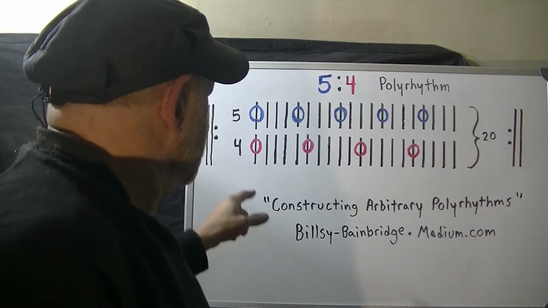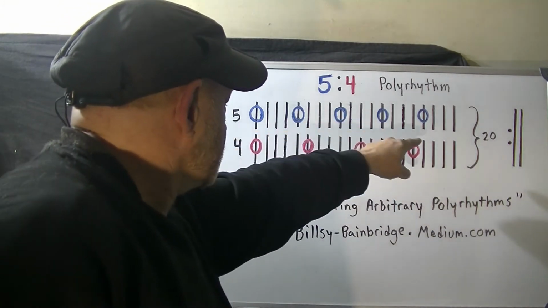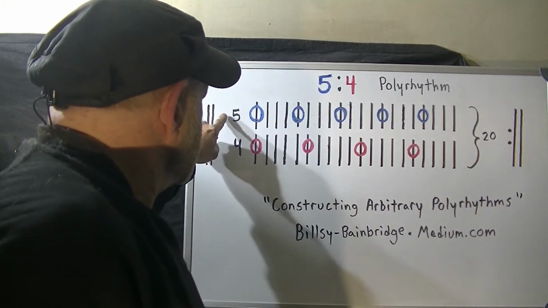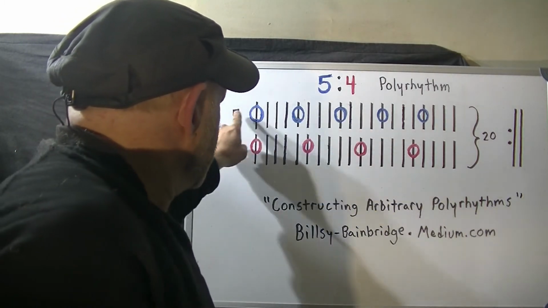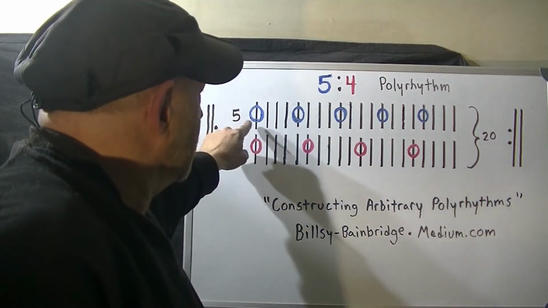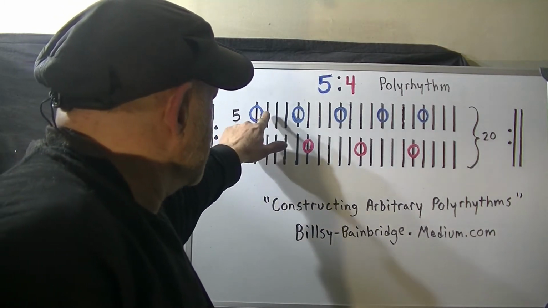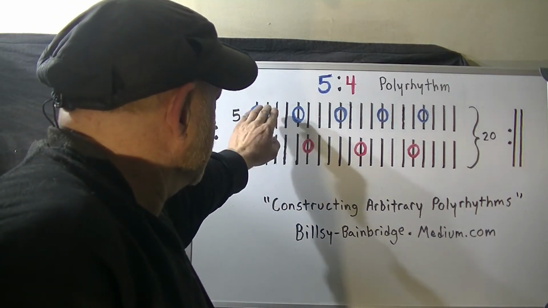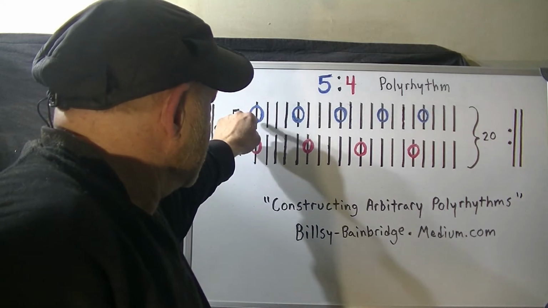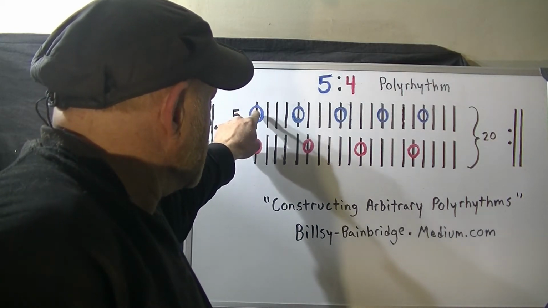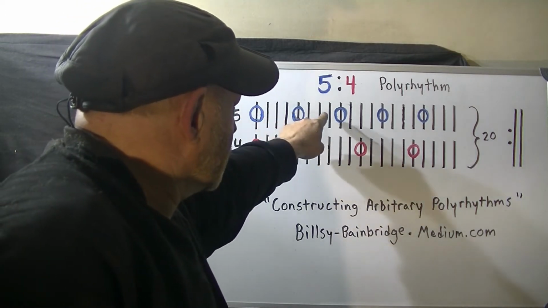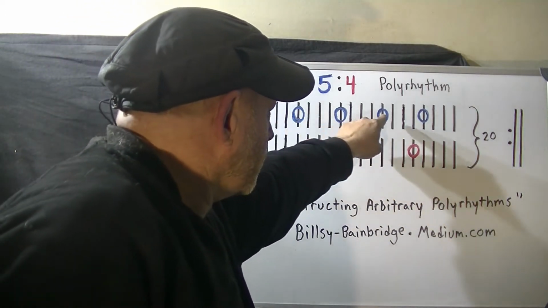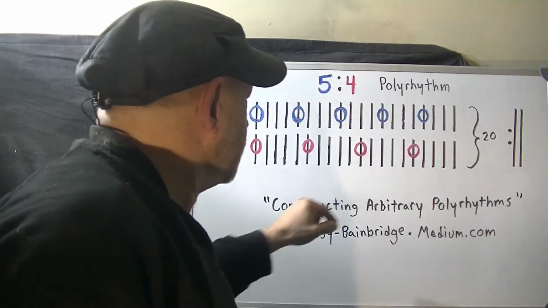Another quick explanation. You'll notice in the 5 row, 20 divided by 5 is 4. So we have 1, 2, 3, 4 full counts under that first O, and then another group of 4, another group of 4, another group of 4, the last group of 4.